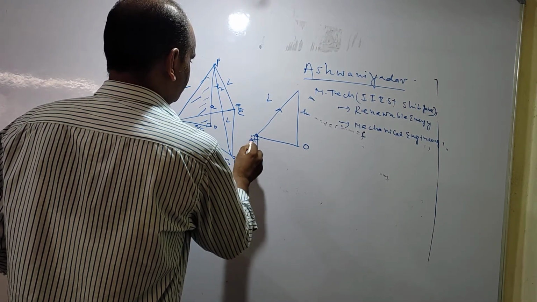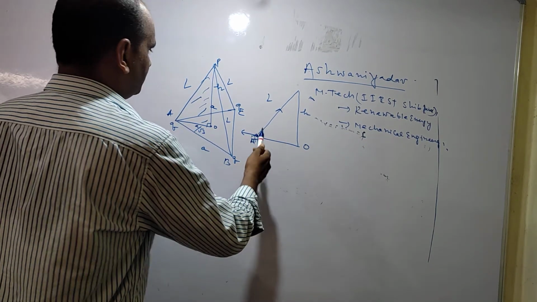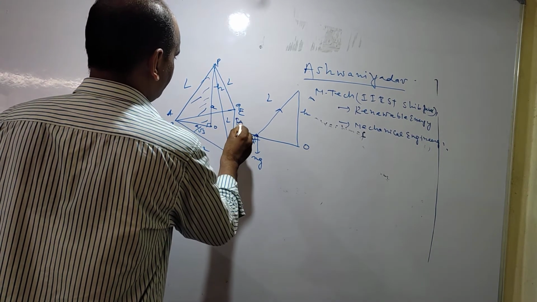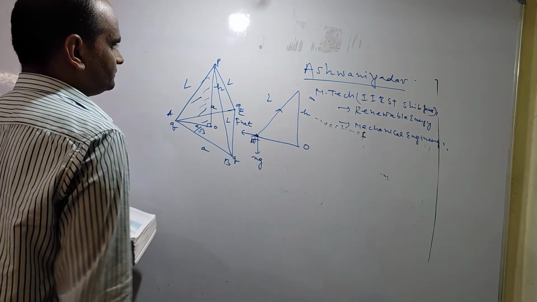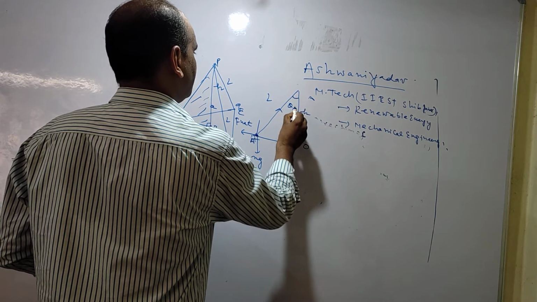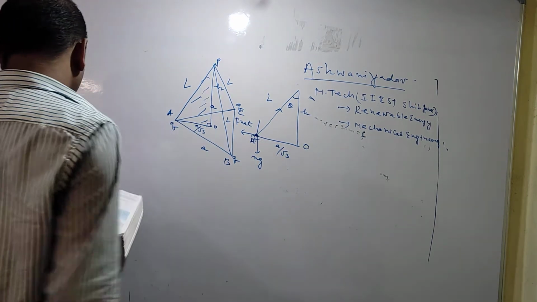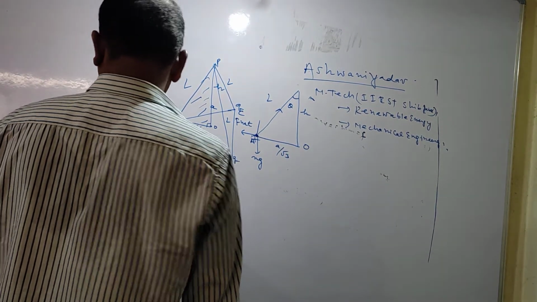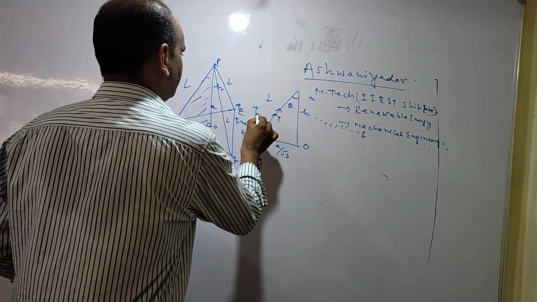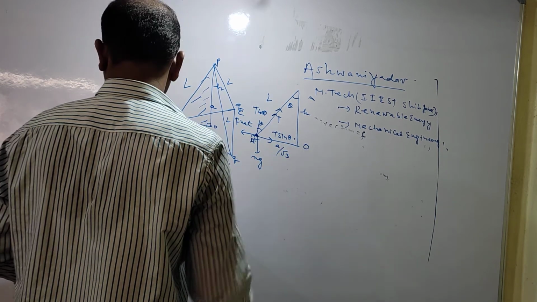We have already done this same problem: the net force will be along the line joining the symmetrical point, so F net will be in this direction. We can consider this angle theta, and this side is A by root 3. This is tension, and this will be T cos theta, and in this direction T sin theta.